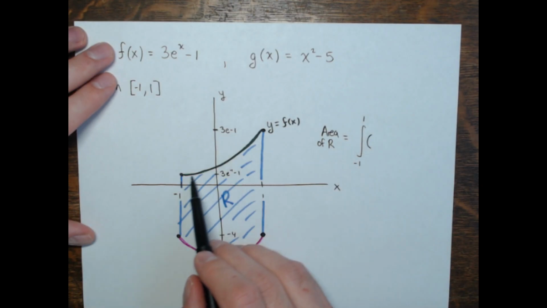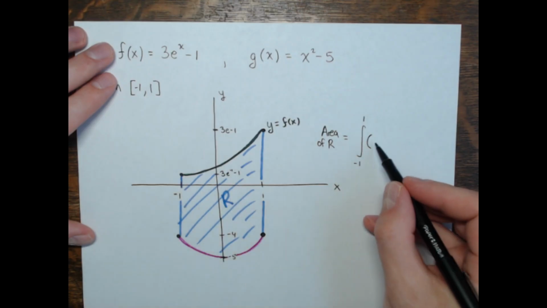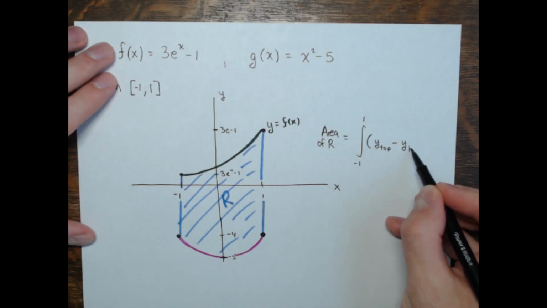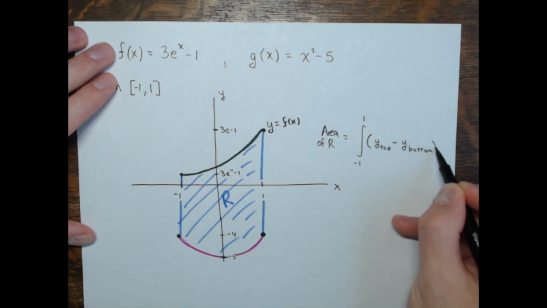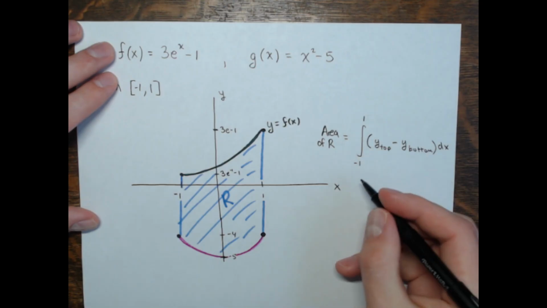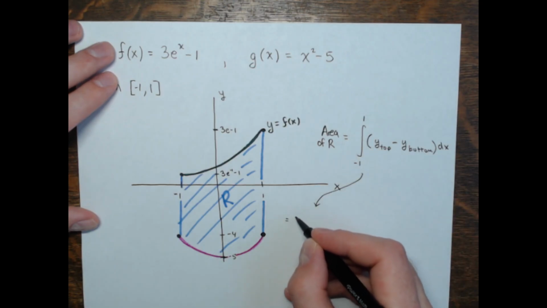And again, it's the curve on top, so I'll put that y top minus y bottom again. And then with respect to x, where y is a function of x each time. So here that would be the integral from negative 1 to 1.